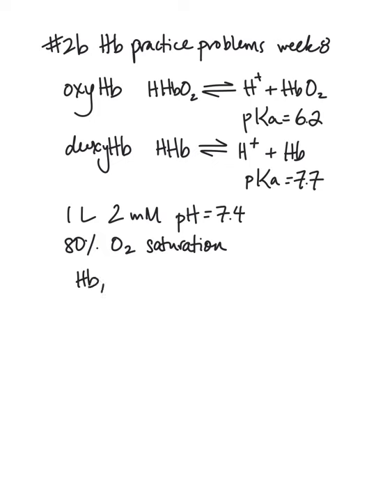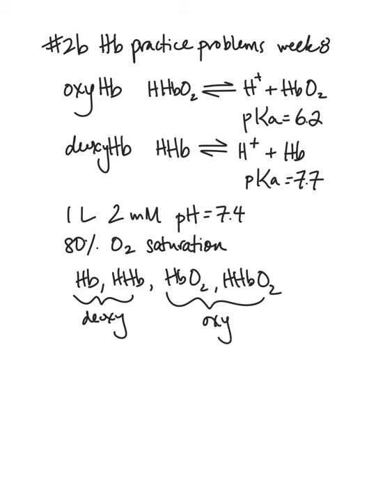So a deprotonated deoxy, protonated deoxy. You also have a deprotonated oxy and a protonated oxy. So these two are the deoxy forms, and these two are the oxy forms. One protonated and one deprotonated for each form.